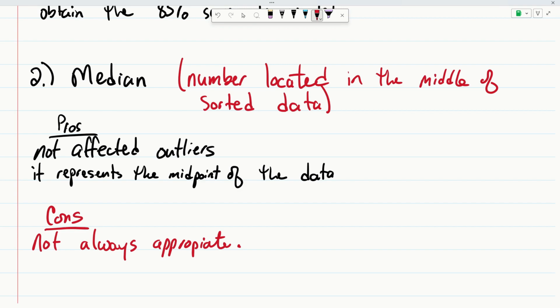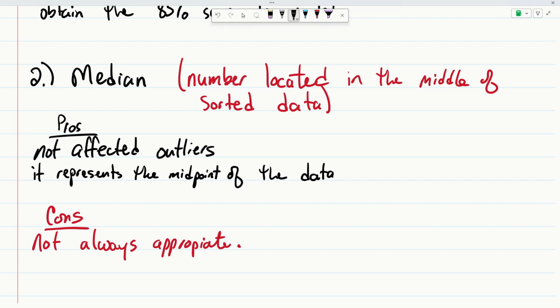For example, if you look at a team's winning percentage, the winning percentages of all teams, that's not a really good representation of the median, because there are some teams that win all the time, and there are some teams that never win.